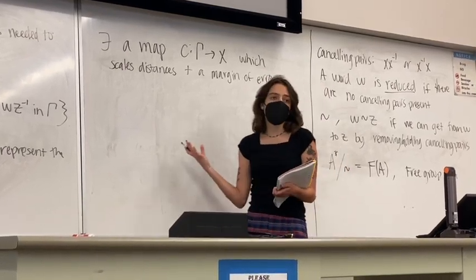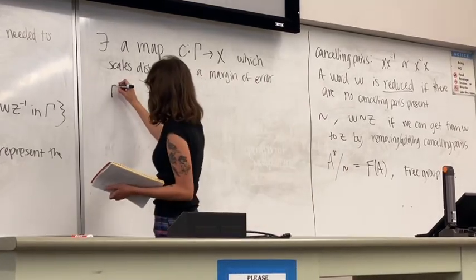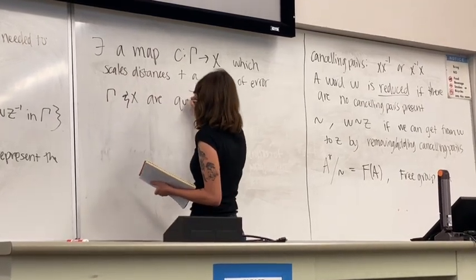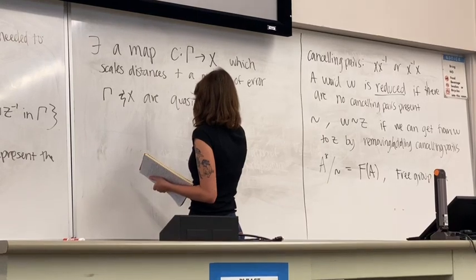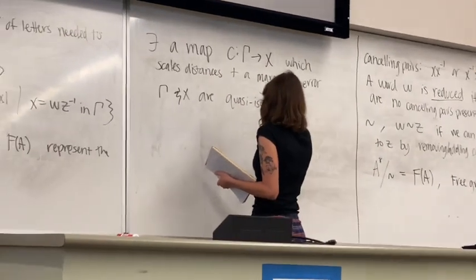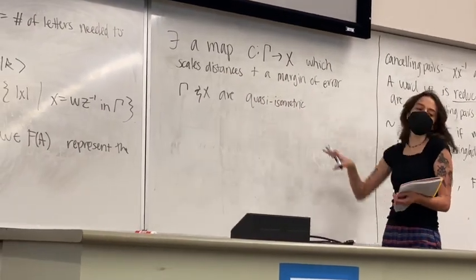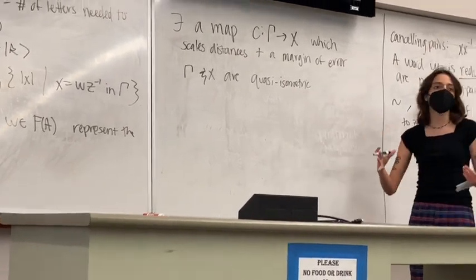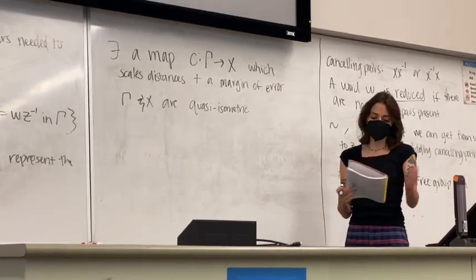And so if such a map exists, then we say that gamma and X are quasi-isometric. So they're almost isometric, but not quite. And this is this idea of having the same large scale structure.